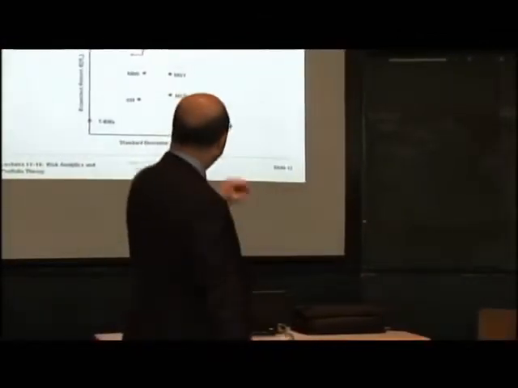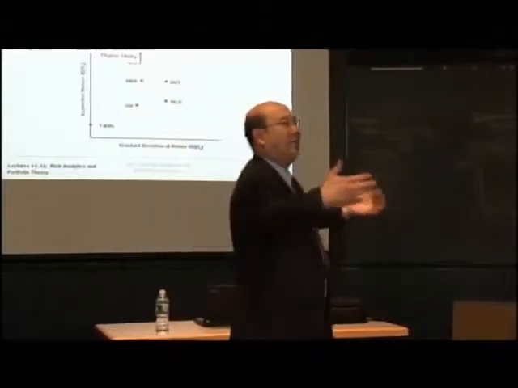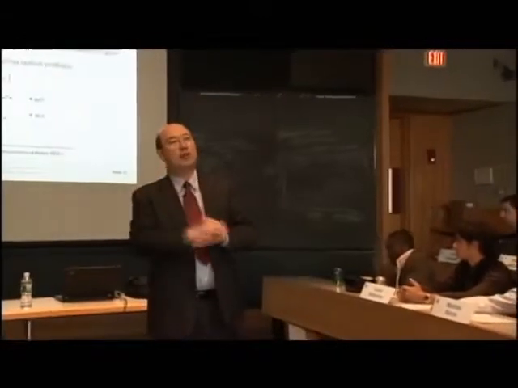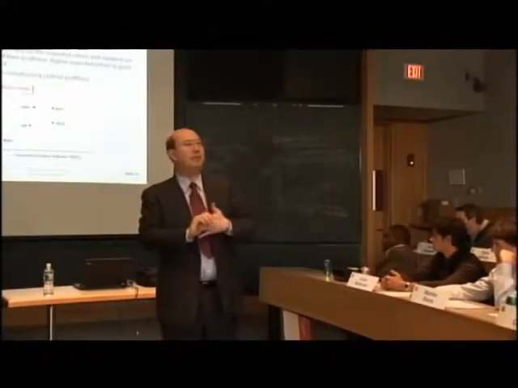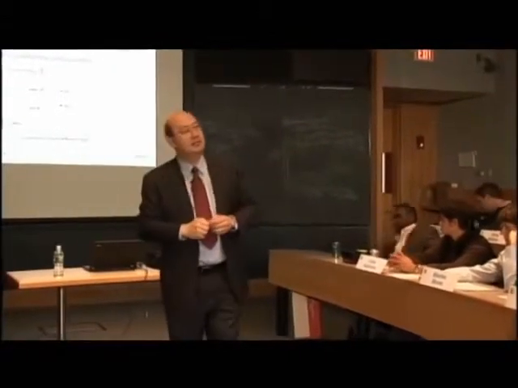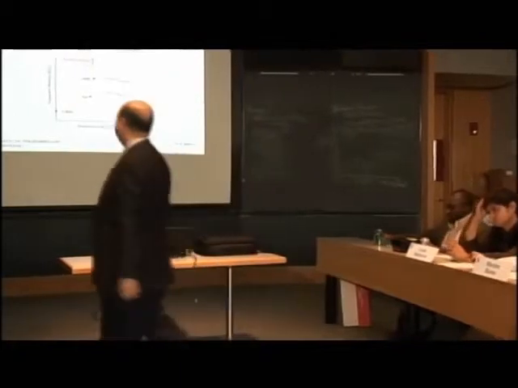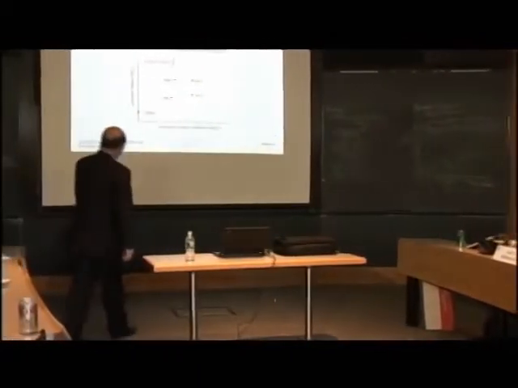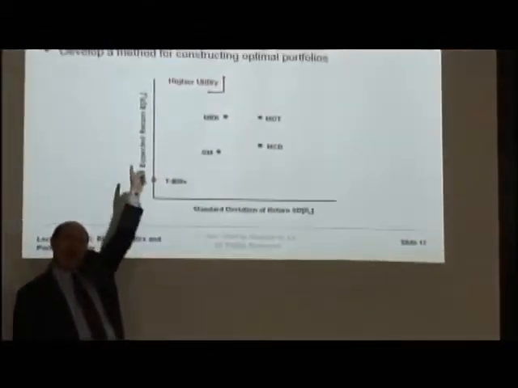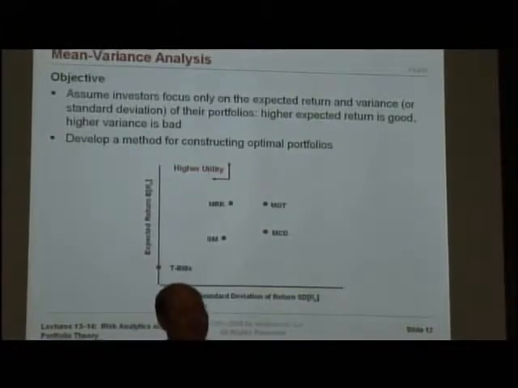So for example, if you take a look at this simple graph and you ask the question, where on the graph do you want to be, you would like to be always going in the northwest direction, right? Because north means higher expected return, and west means lower risk. So obviously, if we could, we'd love to be on this axis all the way up, right? No risk, lots of return.